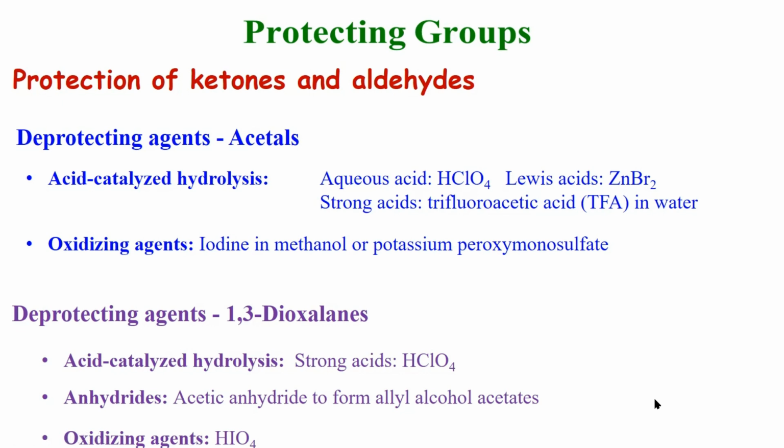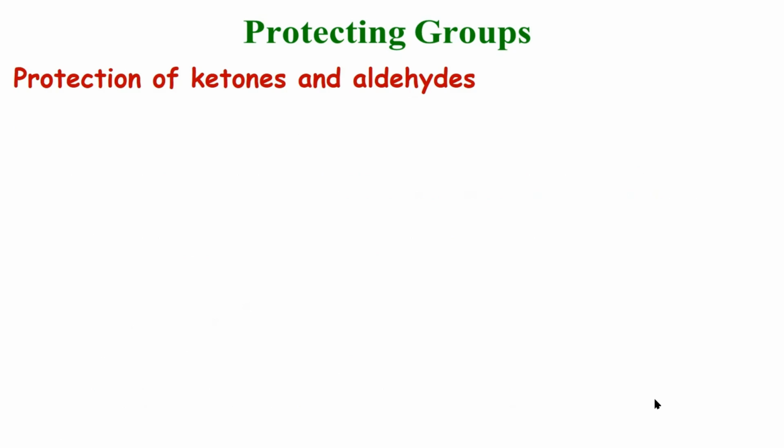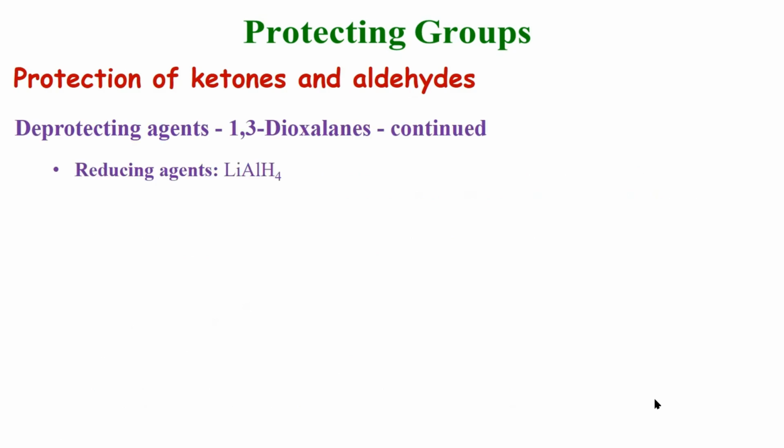The deprotection can also be brought about by using oxidizing agents like sodium periodate or periodic acid, and it can be accomplished by using reducing agents like lithium aluminum hydride and by using Grignard reagent, where the nucleophilic attack takes place and it gets deprotected.